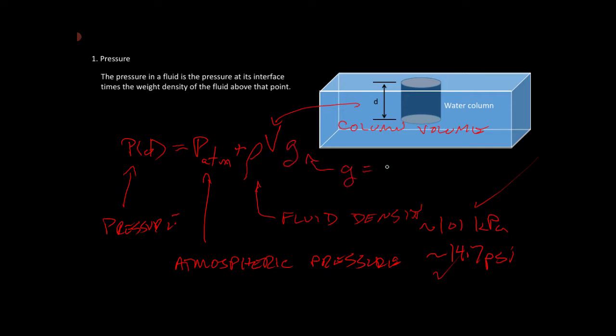G is equal to 32.2 feet per second squared, which is equal to 9.81 meters per second squared. So that's what we're going to use as our pressure.